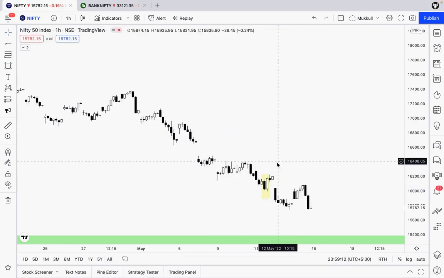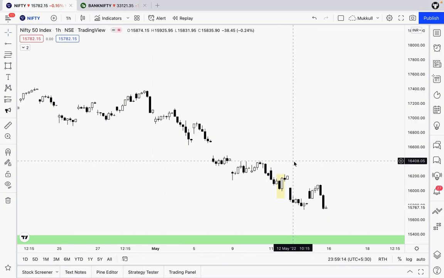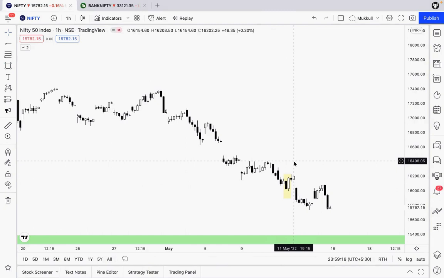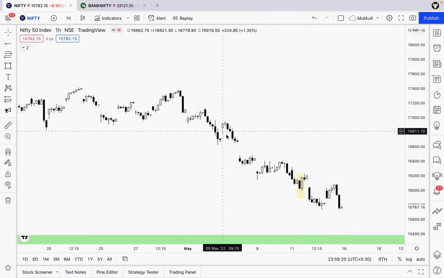What does that typically mean? It typically means that the extent, or the intensity, of the fall might go for a reversal, or might halt here, consolidate, and then again continue the journey.